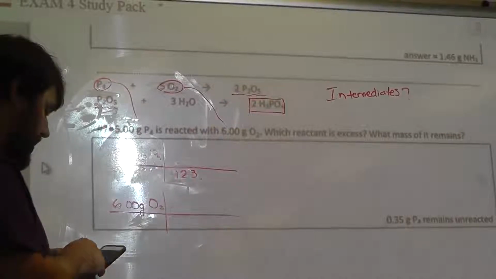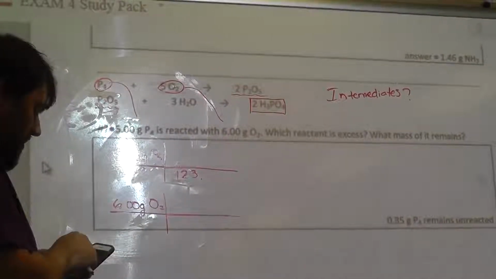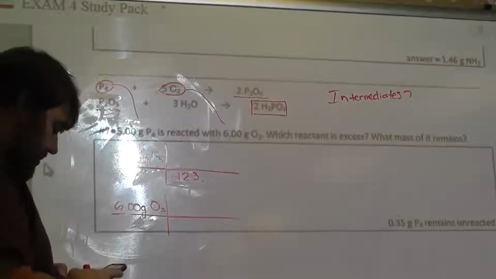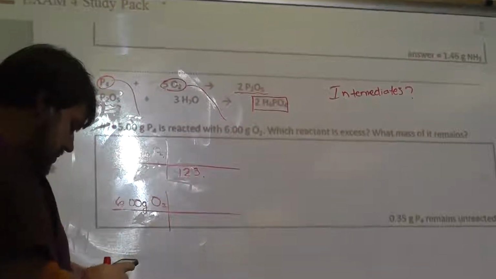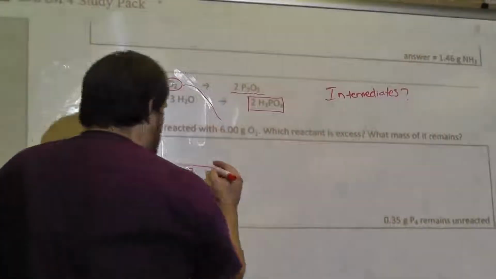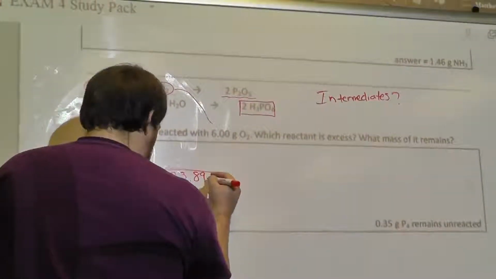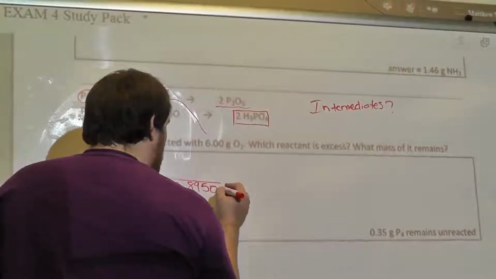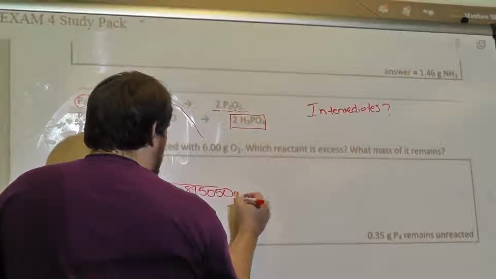Let's see here. Someone may beat me. I hear someone's calculator going. I'm going to use my app. So it's 123.895050 grams per mole.